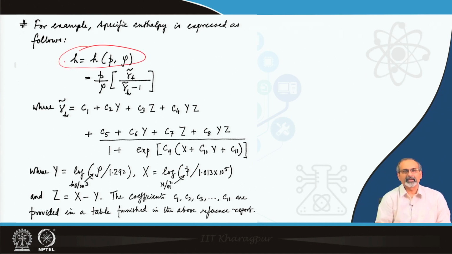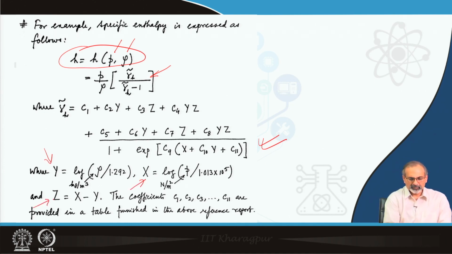For example, the specific enthalpy is expressed as a function of pressure and density, and they have a gamma H tilde term, which is expressed in terms of a large number of constituent terms with coefficients and some variables like y and x defined in terms of density and pressure, and further one more variable defined as a difference of x and y. The coefficients are all provided in the table in the reference that we quoted.